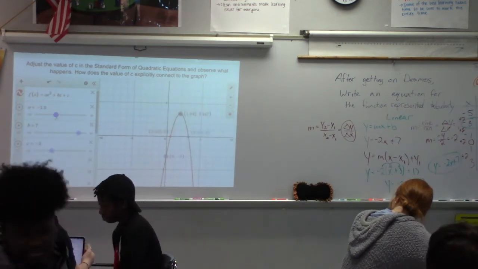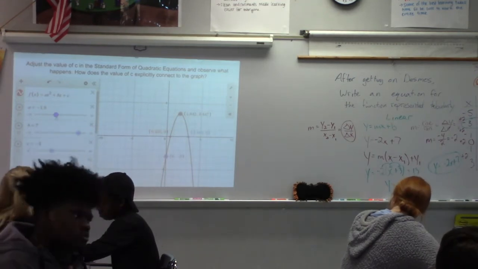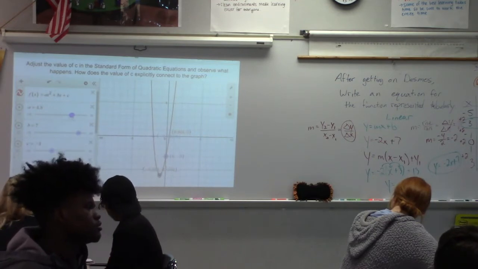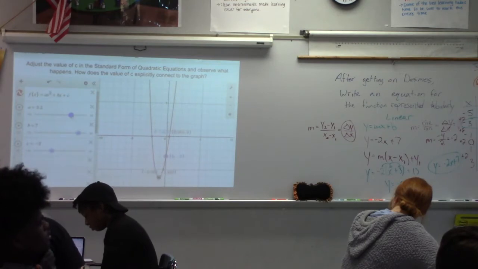This is slide 11, okay? But as I changed A, both in standard form and in vertex form, A was changing the what? Concavity. Concavity, right? That's a pattern that we noticed.